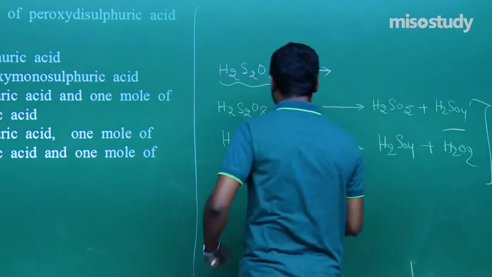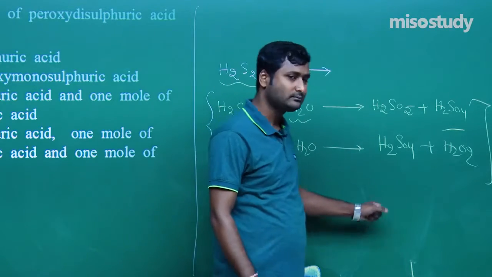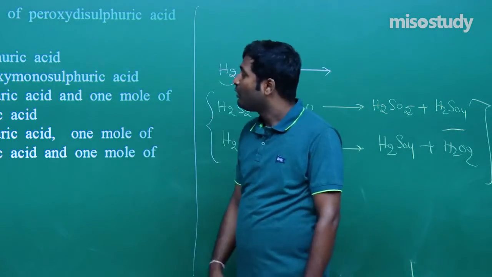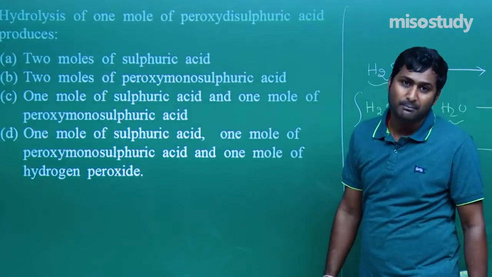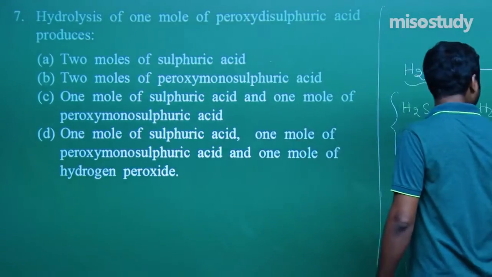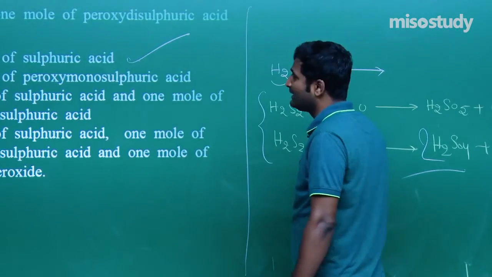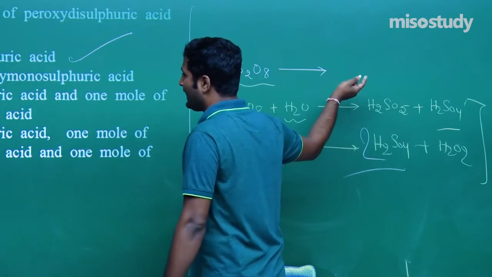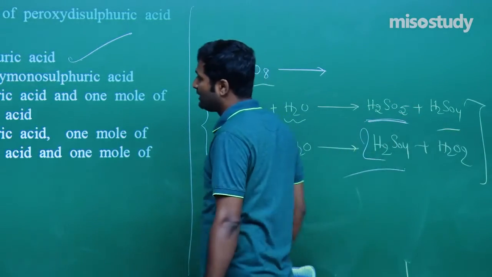Actually, it has two answers, not one, so the answer is slightly confusing. So we are taking this as a multiple choice question. For the first case, balancing gives 2 moles of sulfuric acid, and the second is 1 mole of sulfuric acid and 1 mole of peroxymonosulfuric acid.